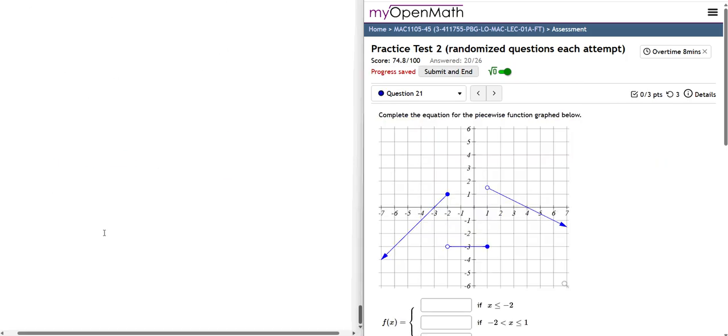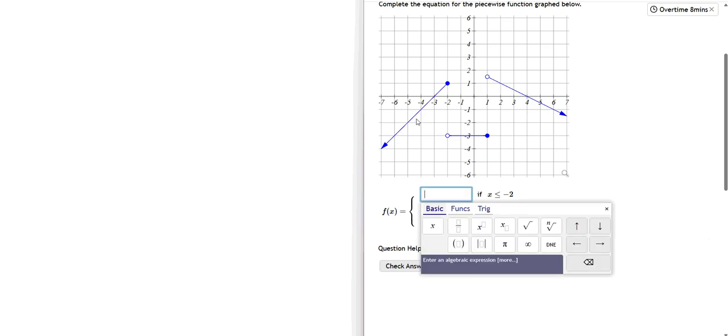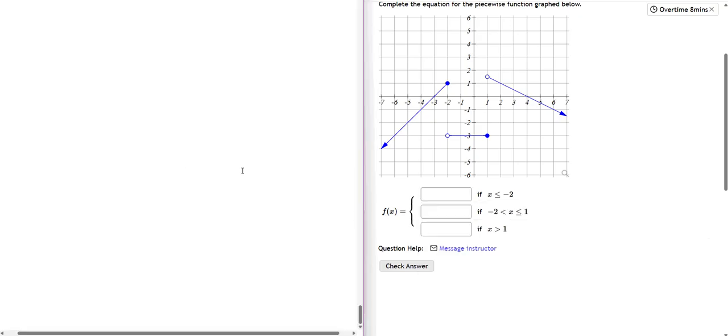Okay, 21. This is a piecewise function. So to find the answers for each part of this, I'm just looking for the equations to match each piece from the top to bottom, left to right. So that leftmost piece, I'm going to identify a couple of points on it.